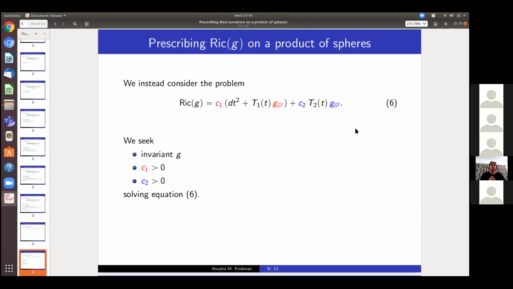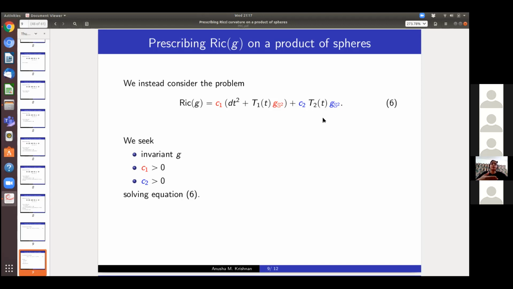My discussion on the previous slide perhaps provides some motivation or justification for having the two different scaling constants. Another case you could think of is if you're looking at a product metric. For example, if the two sphere factors have different dimensions and so different Einstein constants, perhaps that also gives some motivation for why we should require two scaling constants.